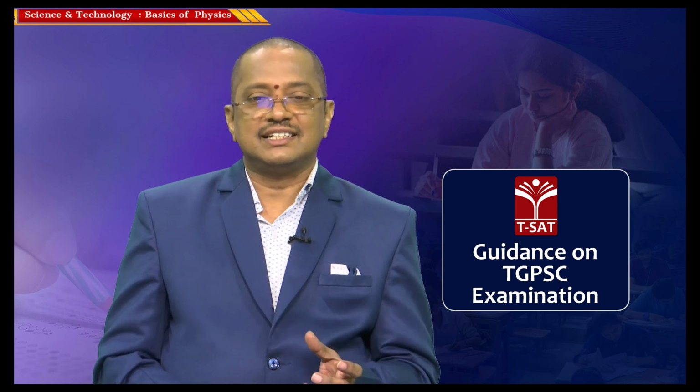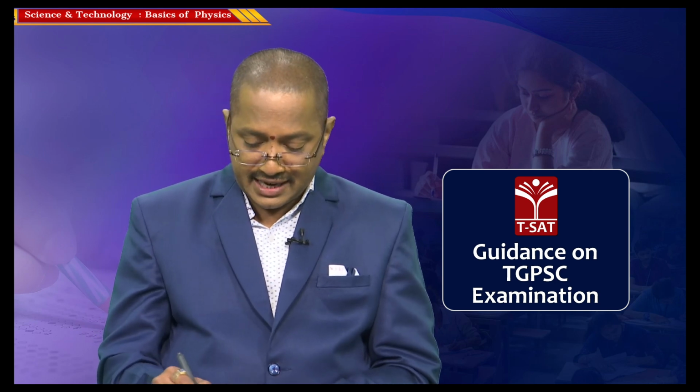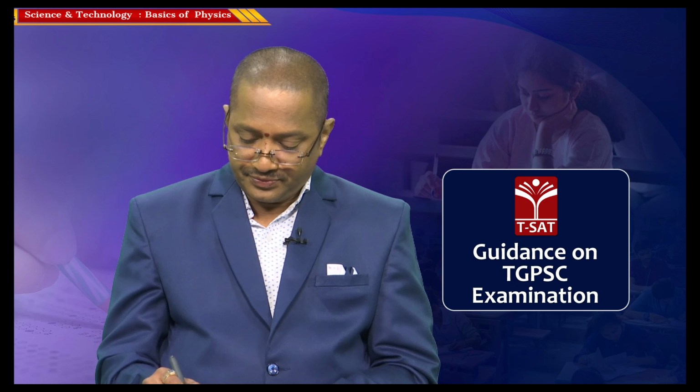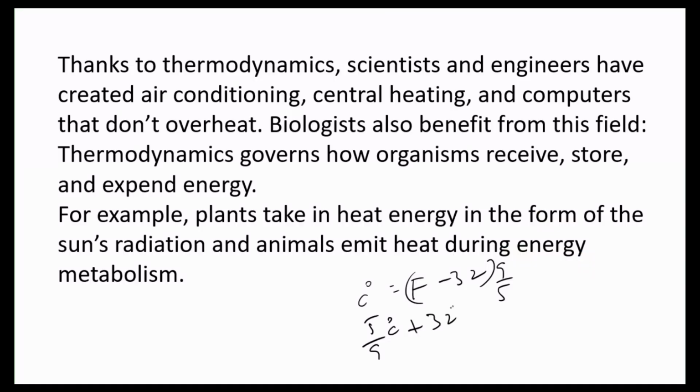The relation between degrees Celsius and Fahrenheit is C = (F - 32) x 5/9. By using this relation, or you can say F = 9/5 C + 32.